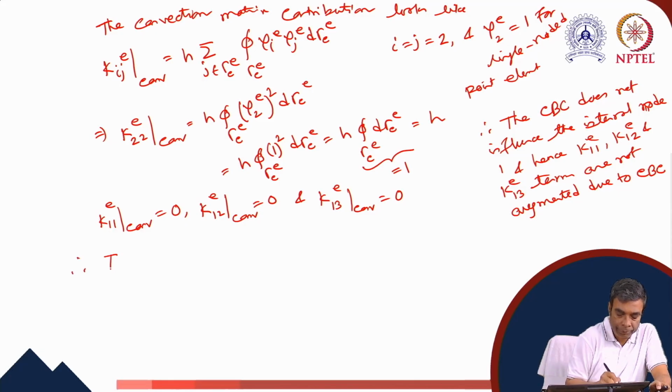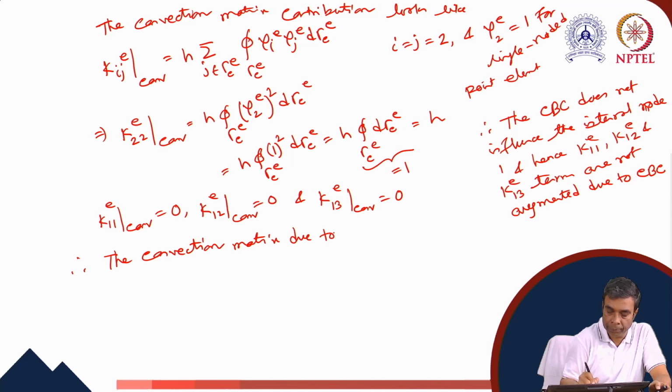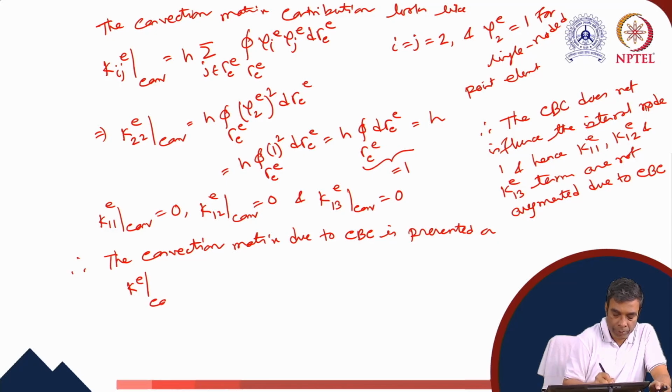Therefore, the convection matrix due to CBC is presented as KE convection equals 0, 0, 0, h.